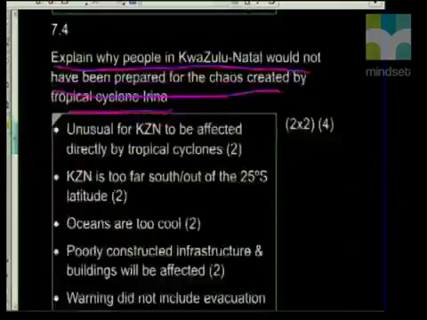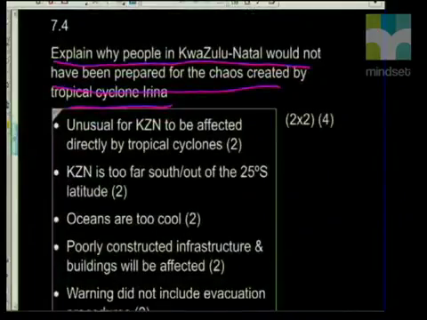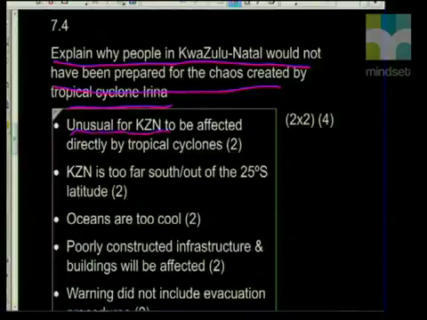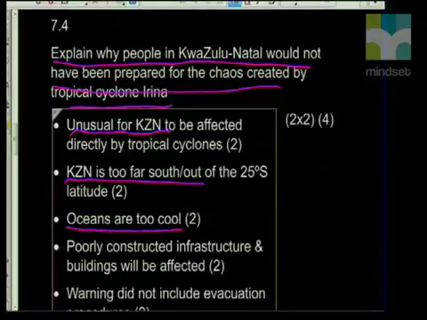So there's various answers here. Unusual for KZN to experience this. KZN is too far south, and the temperatures are generally lower. Oceans are too cool, not as hot, because we're heading towards the middle latitudes.